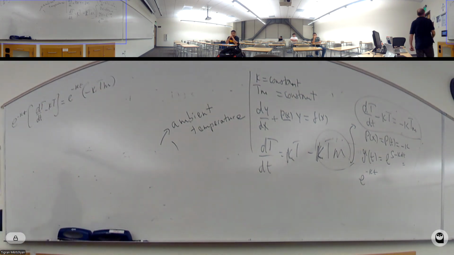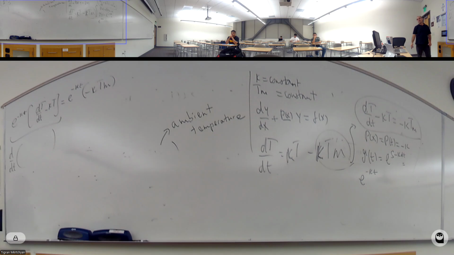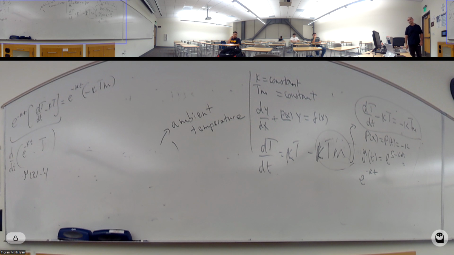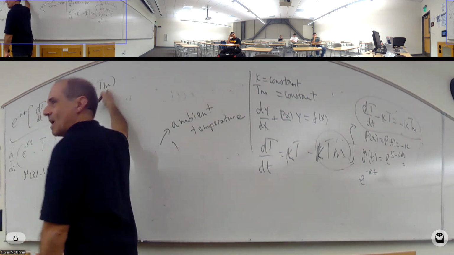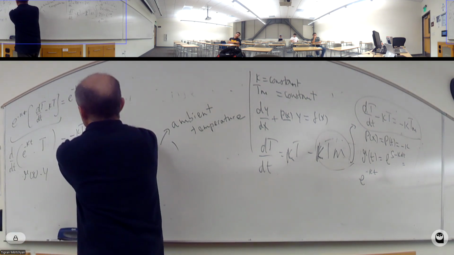And then the left will become the derivative of who? Of mu times T. So that's e to the negative Kt times T. And the right side is a number, so it's some number times that.